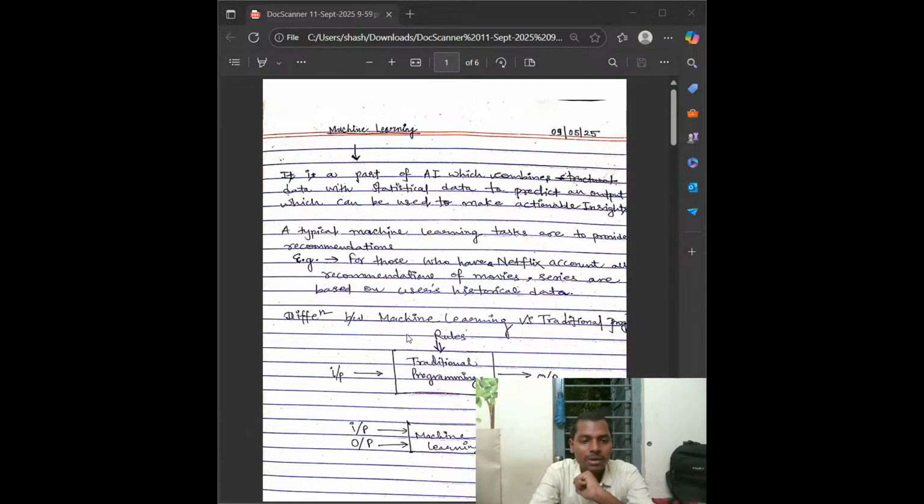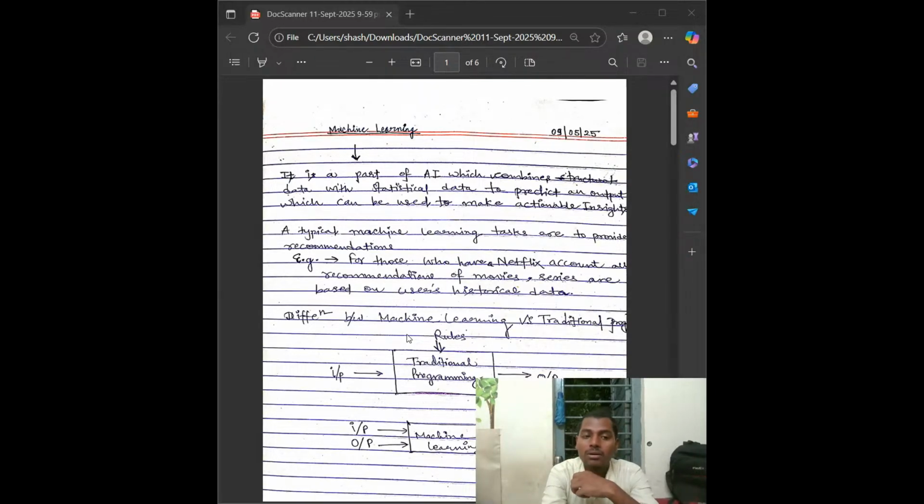So first, we don't need much programming. Second, we need the most accurate kind of output from the given input. And we also need that the output predicted must be accurate.